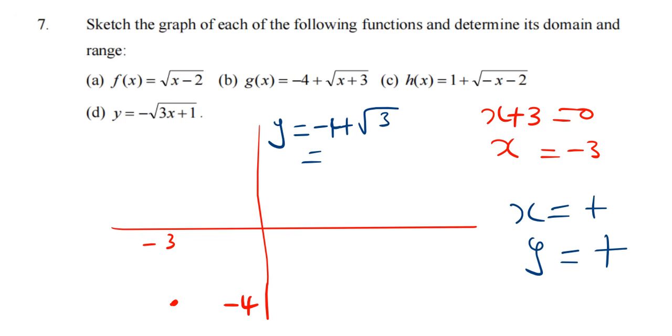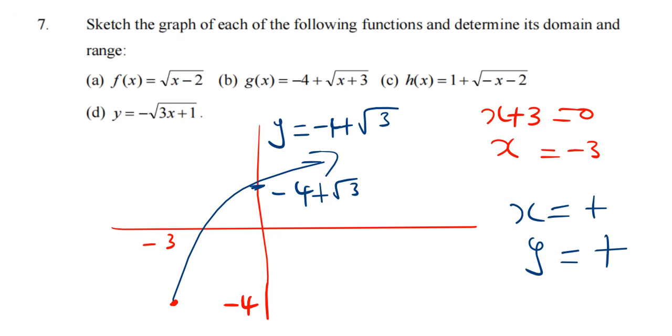Basically, it's going to give you a certain point. Maybe it's going to pass somewhere there or there, but basically that. But if you're not allowed to use a calculator, you can just draw that. Then you put -4 plus the square root of 3 as a point somewhere. So basically that's how you solve and graph that part.